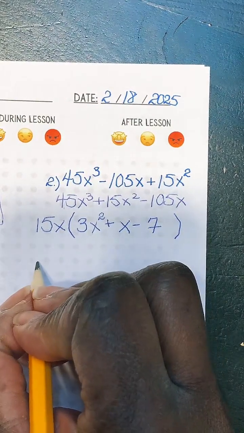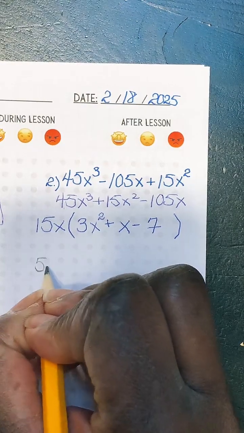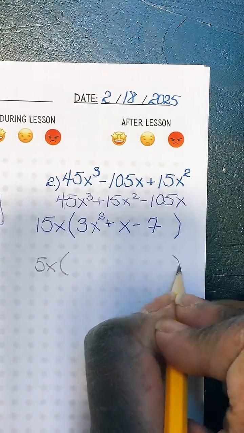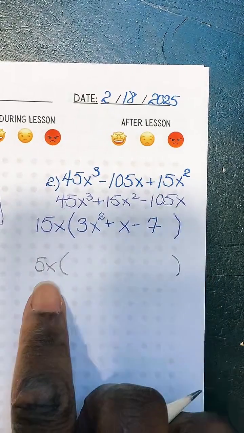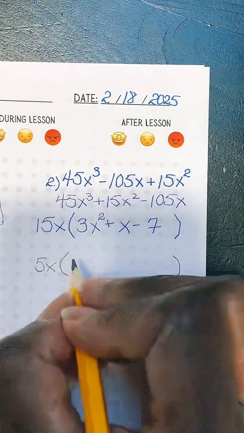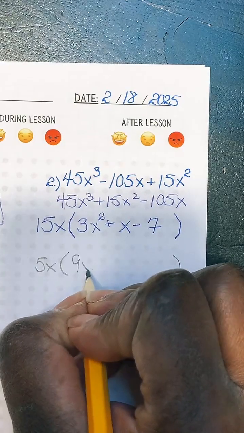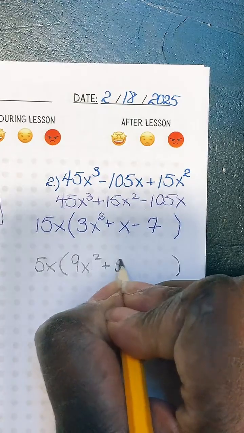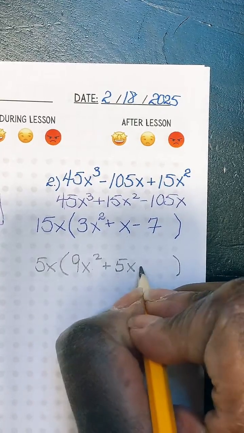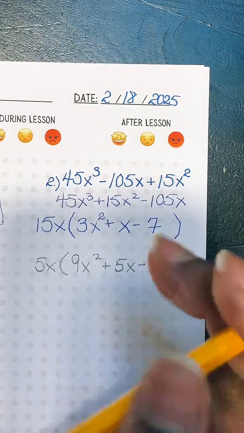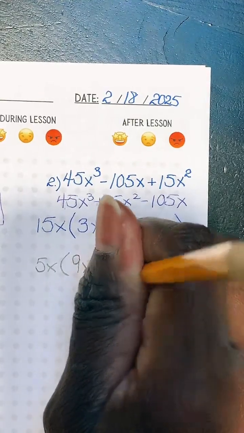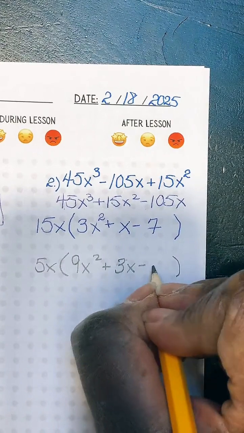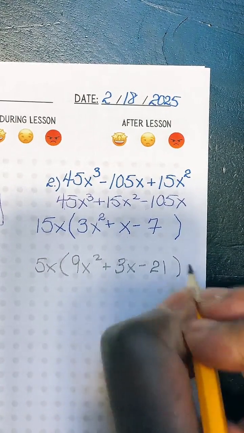If I used 5x, and I go ahead and divide the original by that 5x, this will give me 9x squared, plus 3x, minus 21.